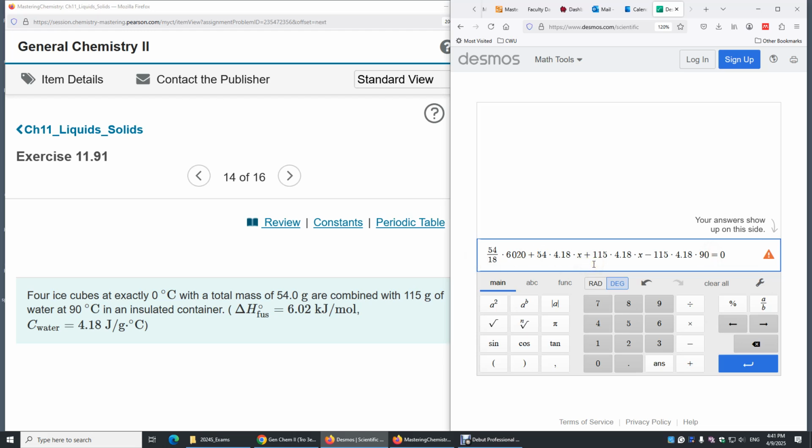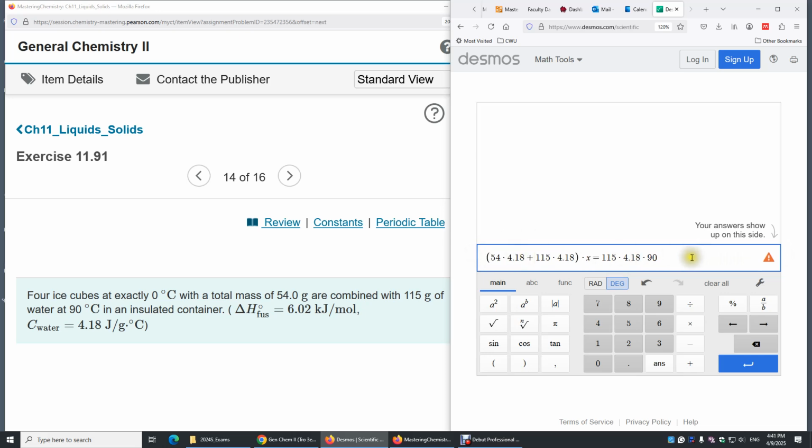We can certainly combine these, right? This is a number times X, this is also a number times X, so we'll have these two combined times X. Now we're going to move this to the right hand side, so equals this. We'll also move this part to the right hand side, minus that.